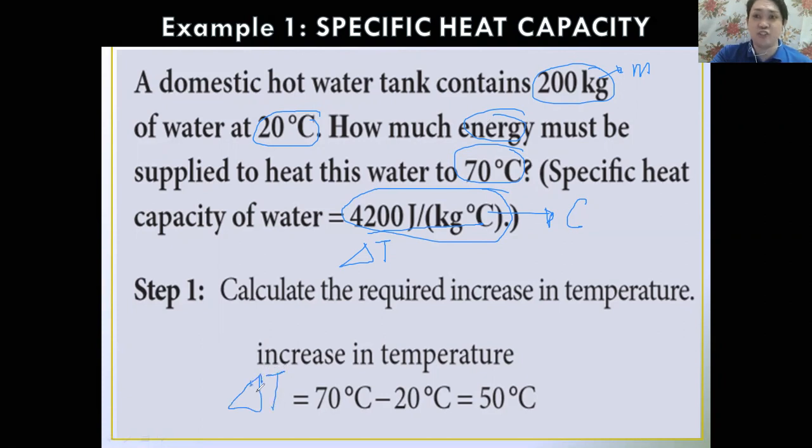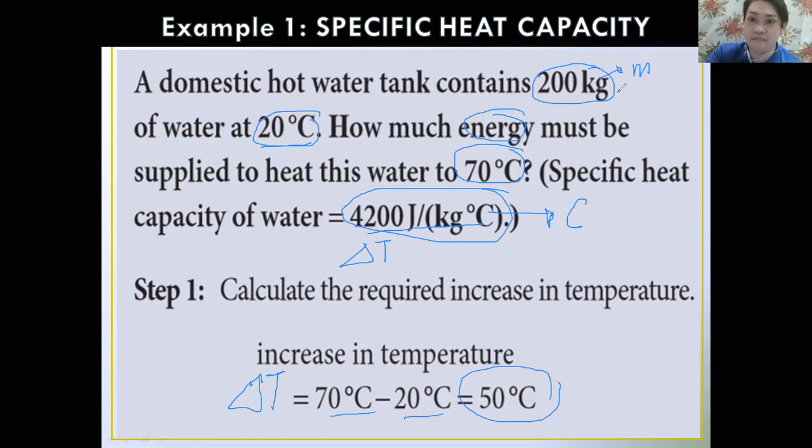As I mentioned, to get the change in temperature, just get the difference of your final and initial temperature. Your final temperature is 70 degrees Celsius and the initial temperature is 20 degrees Celsius. To get the difference, class, you just subtract it. To get the increase in temperature, you have 50 degrees Celsius.